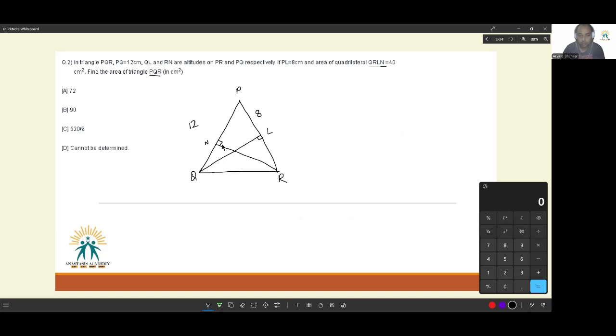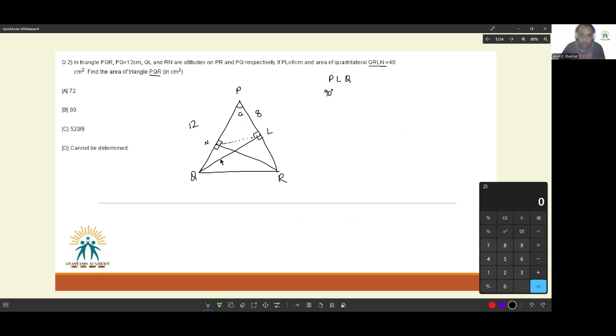Okay. Let me also connect this then. I am looking at, if this is 90, this is 90, this is 90. Oh, nice. Look at triangle PLQ. One angle is 90 degrees.